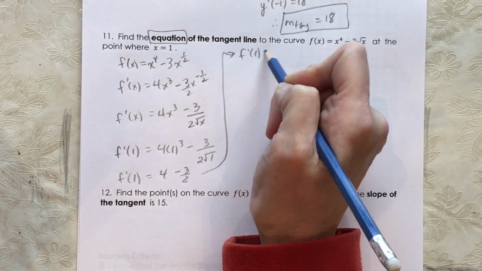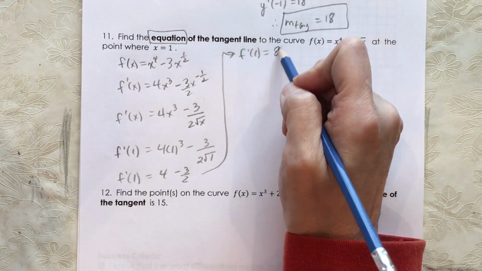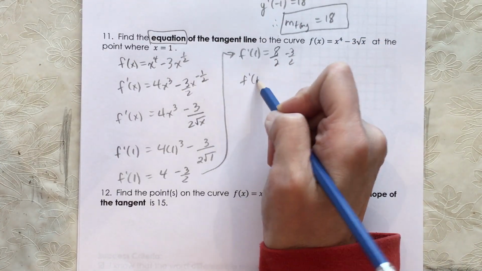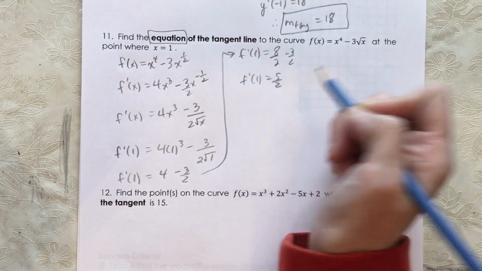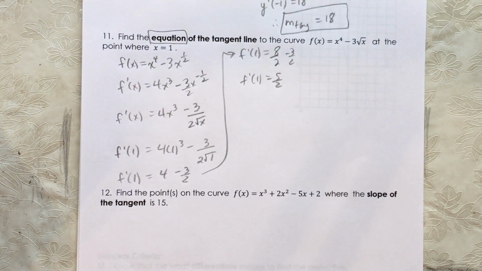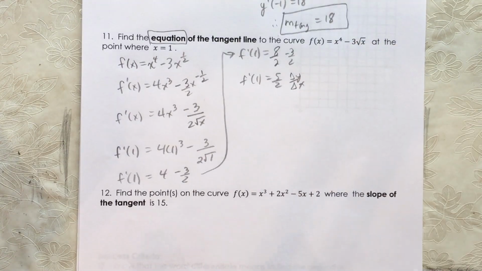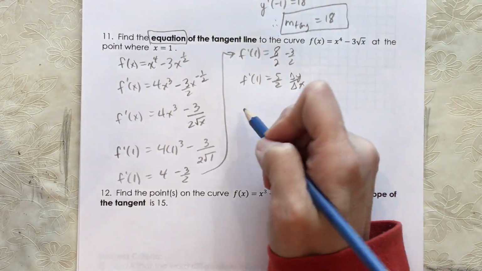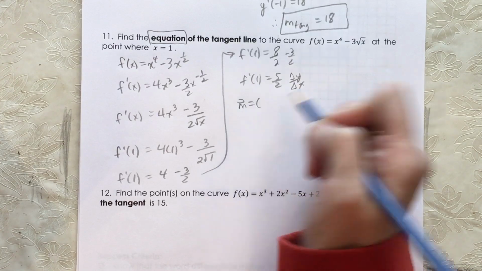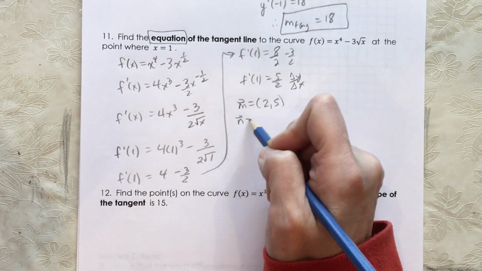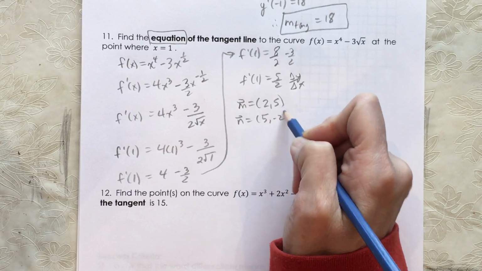F prime at 1 is going to be 8 over 2 minus 3 over 2, or 5 over 2. So I think I'm going to do this from a vector perspective, although you're welcome to do y equals mx plus b. So my direction vector is (2, 5), which means my normal is going to be (5, negative 2).